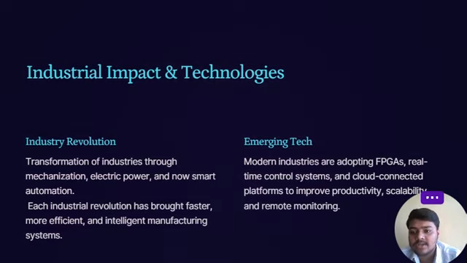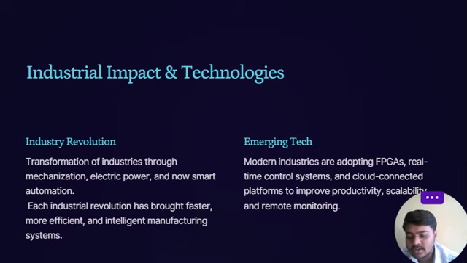Our next slide is industrial impact and technologies. First one is industrial revolution. Manufacturing has become smarter and faster. Transformation of industry through mechanization, electric power, and now smarter automation.